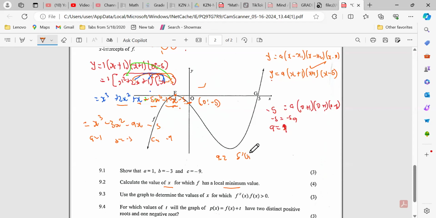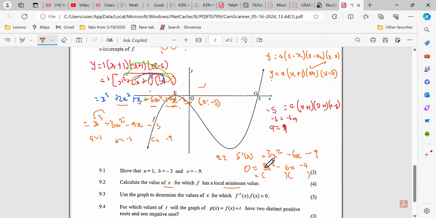We're going to have f prime of x. This one multiplied by this one gives us 3x squared. This one multiplied by this one, minus 6x. This one gives us minus 9. Okay, 0 is equal to 3x squared minus 6x minus 9.